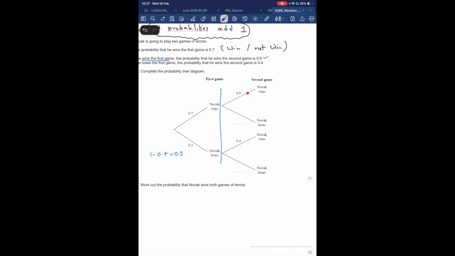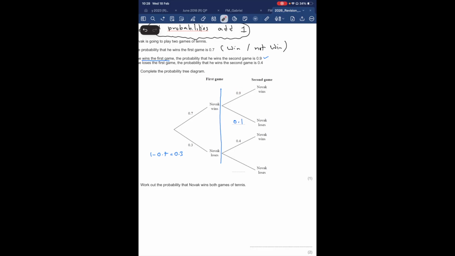He can win the second game with a probability of 0.9. Now, we need to remember that this branch here and this branch here, the probabilities have to add up to 1. So if this is 0.9, then the probability here has got to be 0.1. And again, the way that we calculate the 0.1, it's going to be 1 take away 0.9, which gives us 0.1.